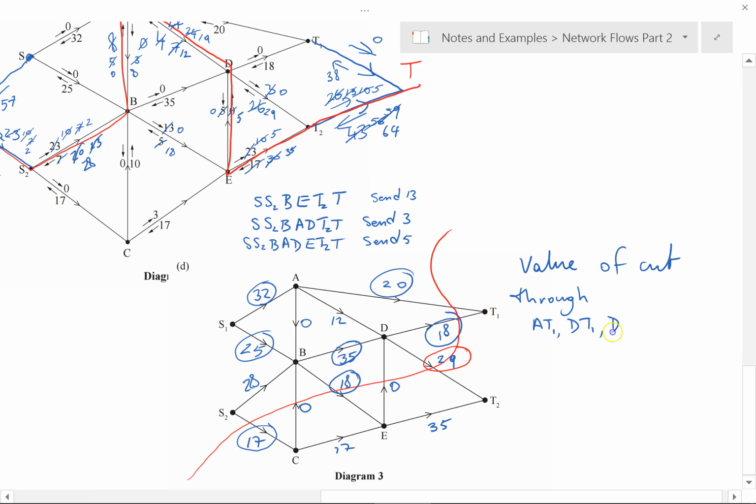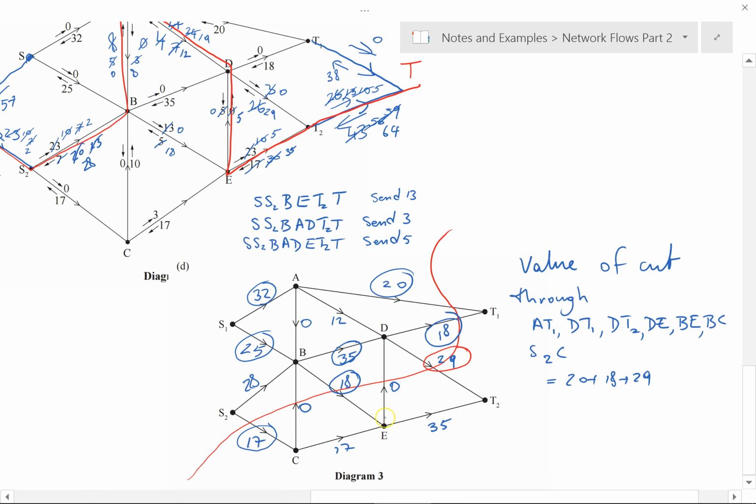So if there's any danger of you not completing, do not necessarily list the arcs. Always draw it, because that will always be given. BE, BC, and S2, C. Now that equals 20 plus 18 plus 29.